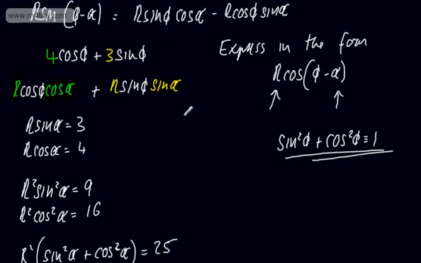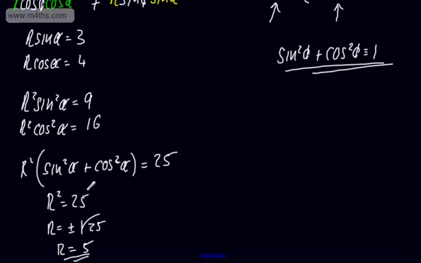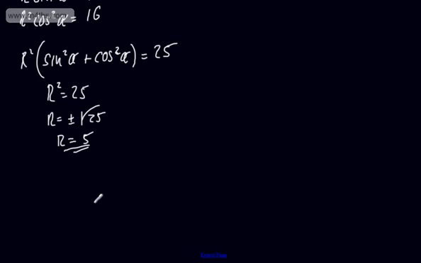So when you're carrying out this process, when you're looking to put it in this form, you need to find the value of r. We find the value of r by simply saying now that r, and I'll write this out, r in general is a positive value, so we say r is greater than 0, and r is given to be the square root of a squared plus b squared.